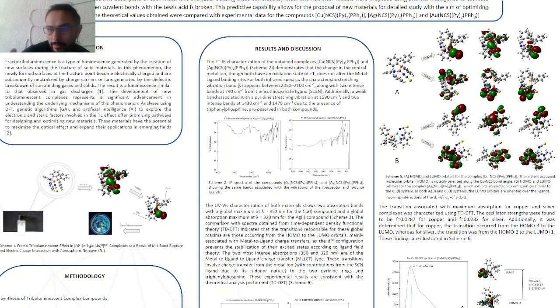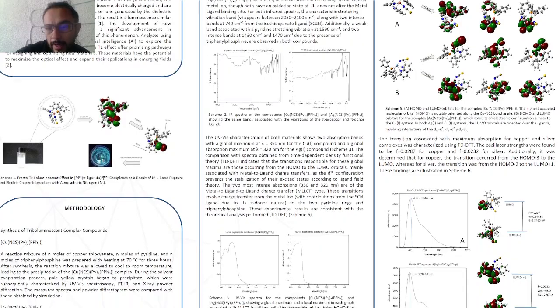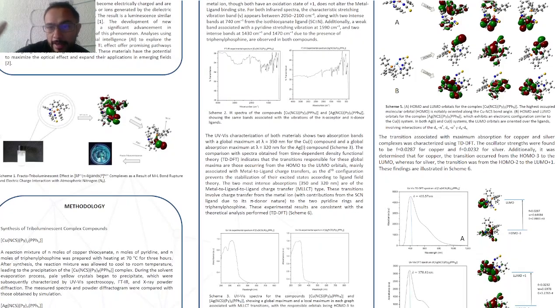For this reason we can conclude that this bond is going to break. And it's interesting too that we can see the LUMO orbitals for both complexes and how they are distributed.